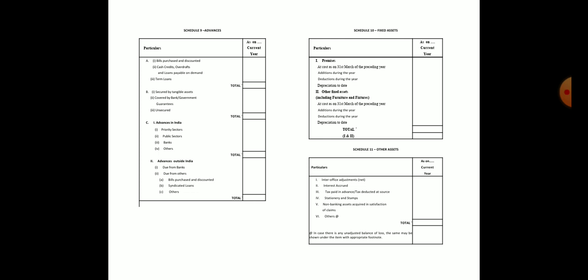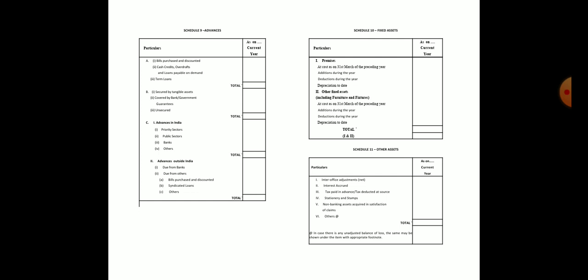Schedule 10. Schedule 10 includes fixed assets. As we know, fixed assets can be used for a longer period of time. So here we will add all the long-term assets like premises. These should be added at cost as on 31st of March of the preceding year, the last year, and addition if any, deduction if any.